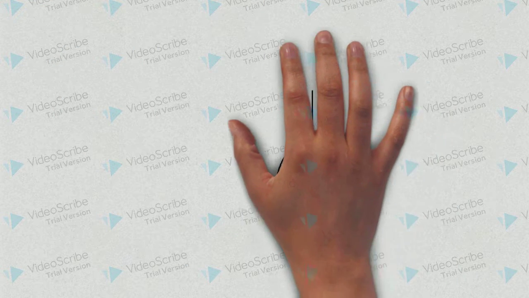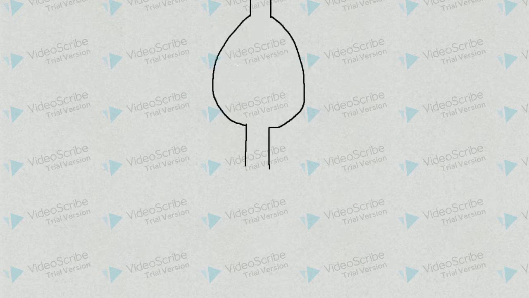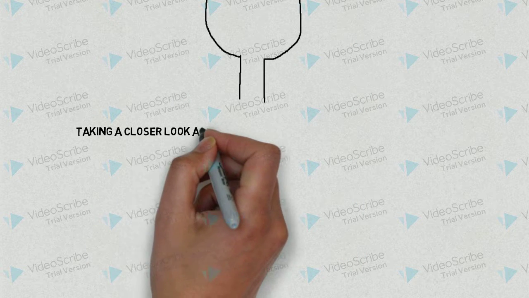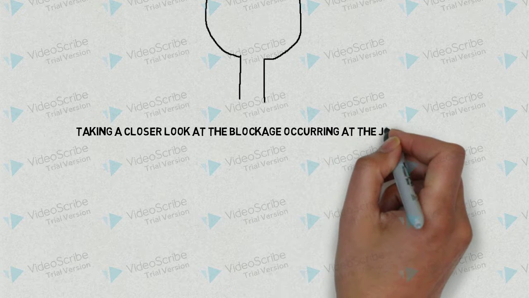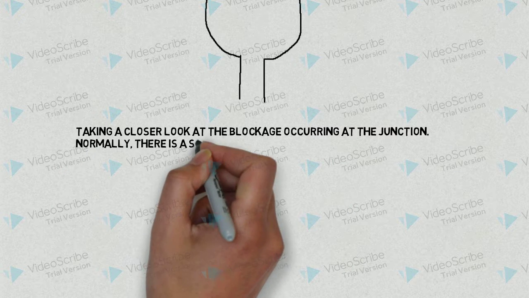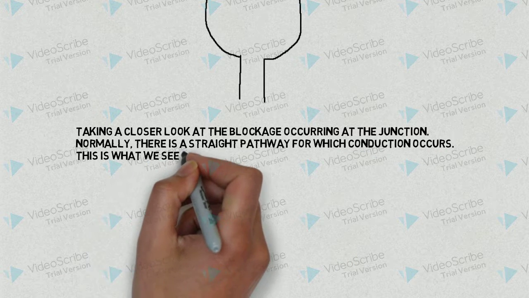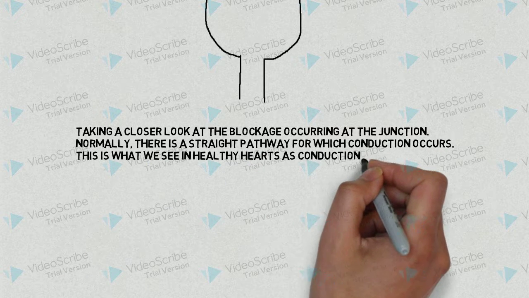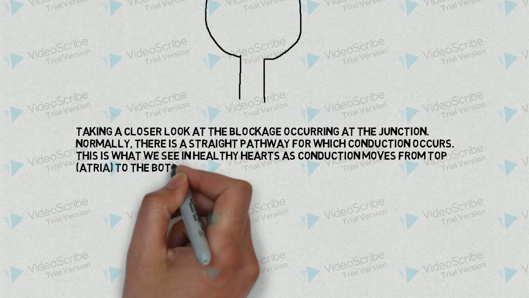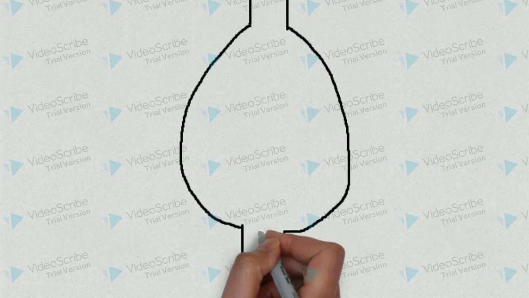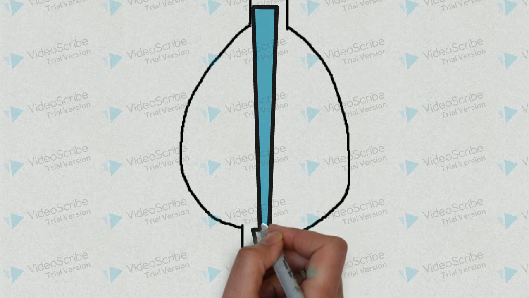Now we'll take a closer look at the blockage occurring at our junction. Normally there's a straight pathway for which the conduction occurs, and this is what we see in healthy hearts as conduction moves from the top to the bottom of our hearts, which we'll represent with this arrow here, a straight pathway.